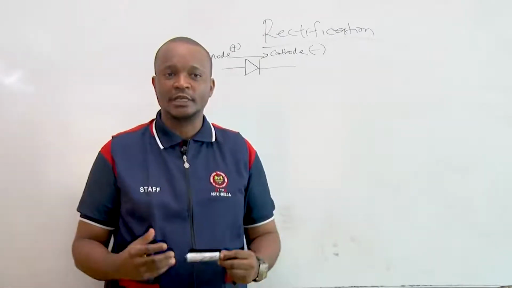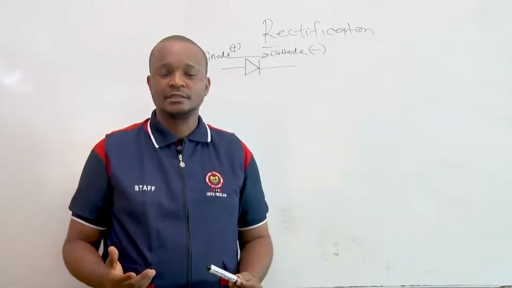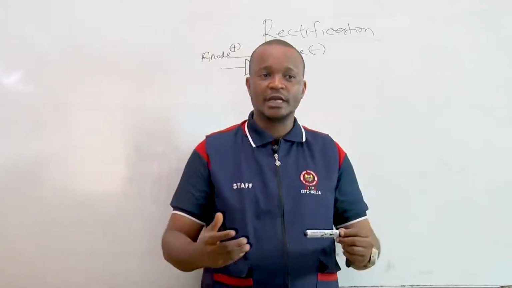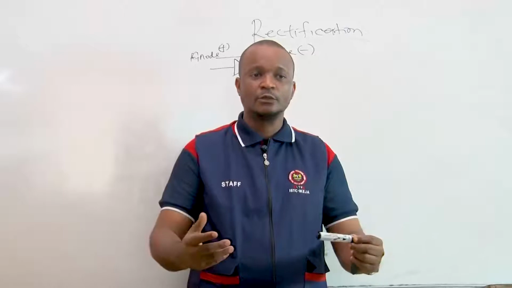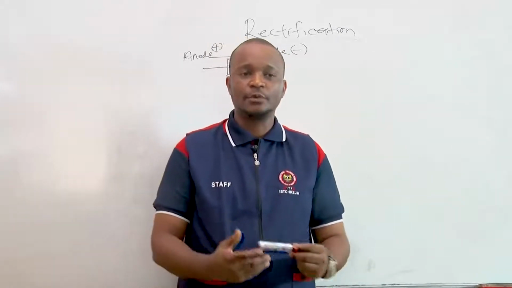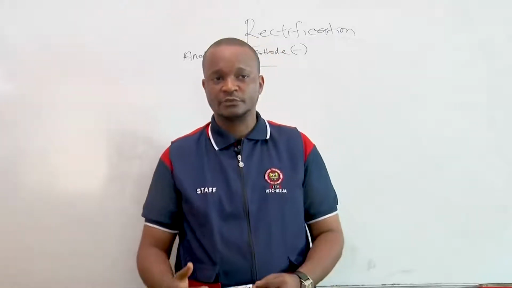However, there is also an IC called a rectifier that can do this. So there is a way we can arrange these diodes to help us actually carry this out. And that process is called rectification.